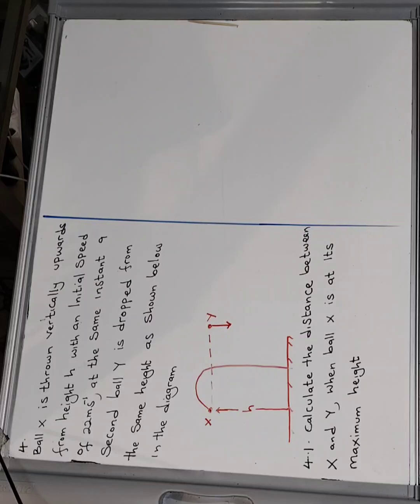What is common between those two motions? So, time happens to be the common factor. The time taken for ball X to move from point of projection to maximum height is the same time taken for the ball to drop that displacement.